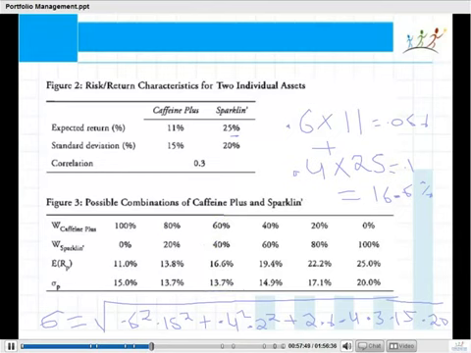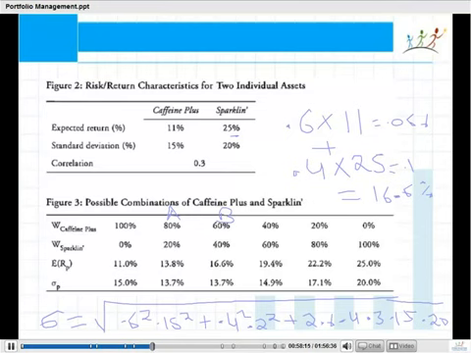Now tell me, between portfolio A and portfolio B, which portfolio will you invest in? Given the Markowitz assumptions, remember the Markowitz assumptions, which portfolio is an investor likely to invest in?